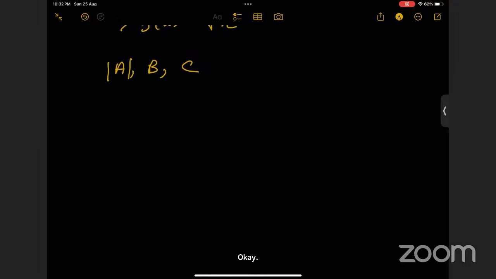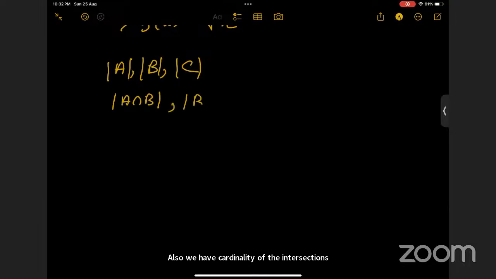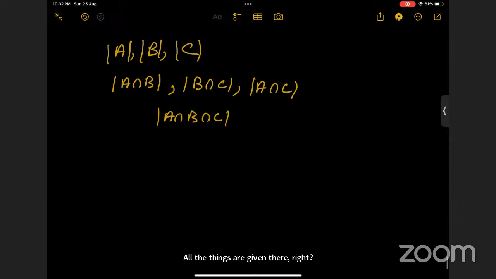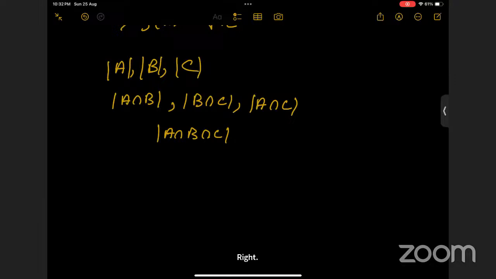We have the cardinality of all the sets. Also, we have the cardinality of the intersections, right? If I am not wrong, all these things are given there, right?